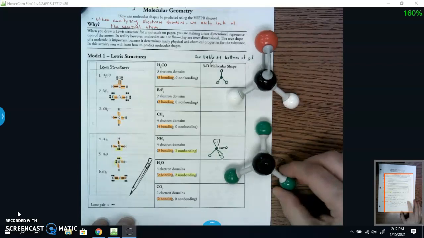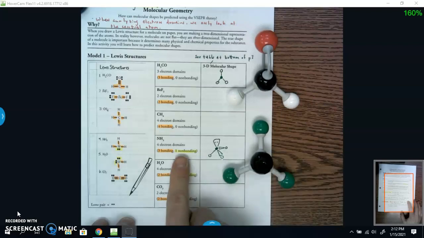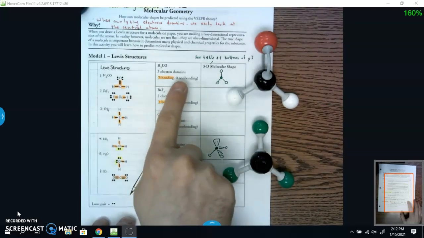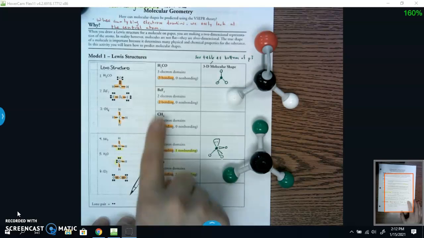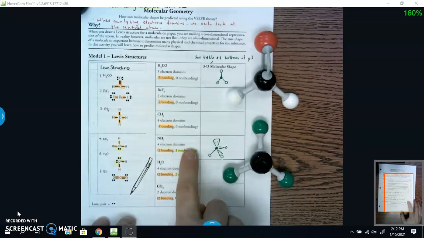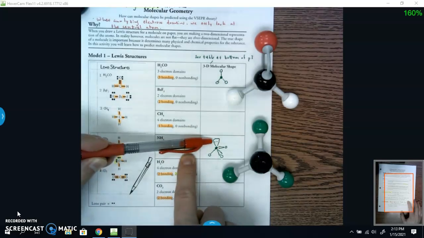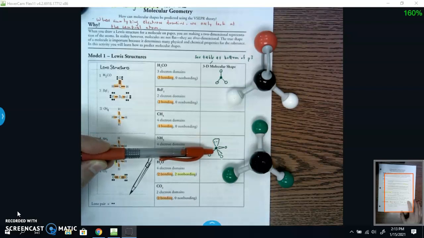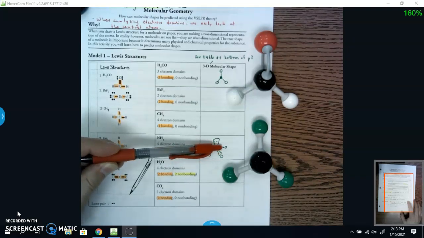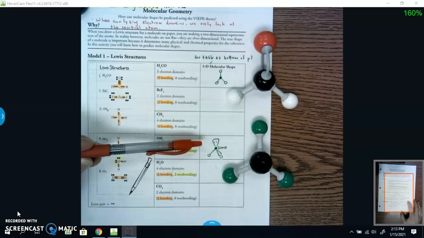But ultimately, what students come to the conclusion is, this pair of non-bonding electrons right here is the variable that's different between formaldehyde and ammonia, whereas a constant is the number of bonding domains. So we have to focus on this, and it's right to focus on that. That pair of non-bonding electrons repels these electron domains here because all electron domains are always negatively charged.